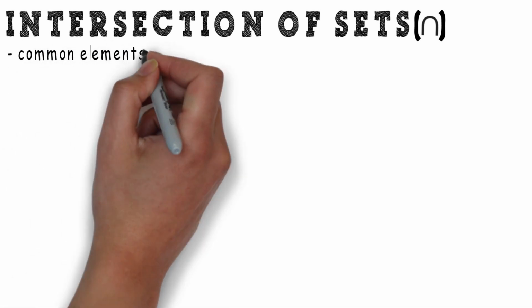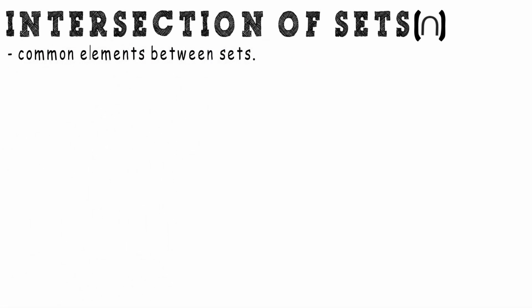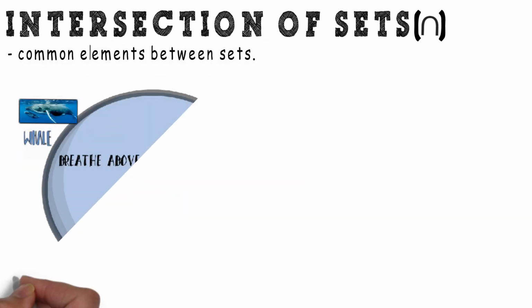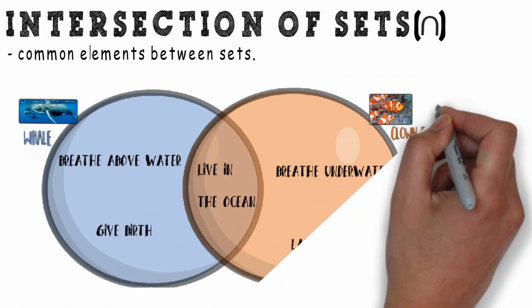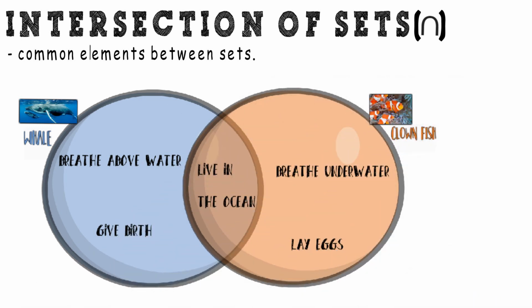First, let's talk about the intersection of sets. This is the symbol for intersection of sets. The intersection of sets is the common elements between sets. Let's use our previous example. As you can see, between the two overlapping circles, where did the two circles meet? Where did they overlap?